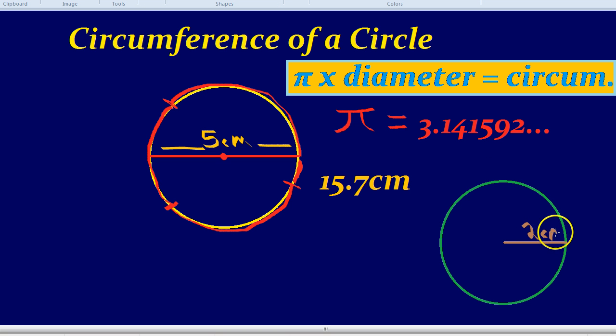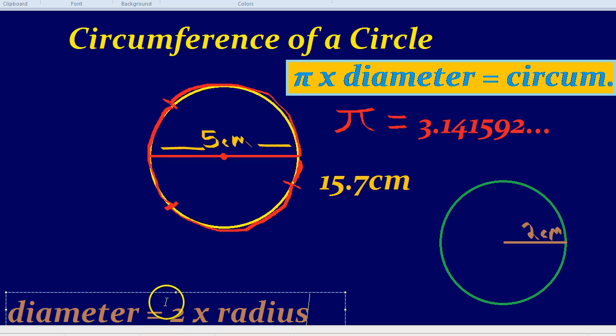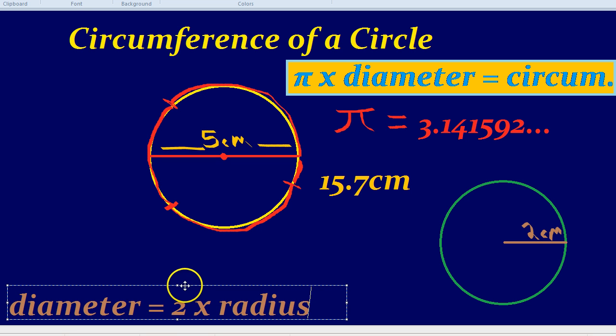How would we find the diameter if we know the radius? Well, this is something else that's always true of circles and very important to remember. The diameter always equals 2 times the radius. In other words, the diameter is always twice as big as the radius.